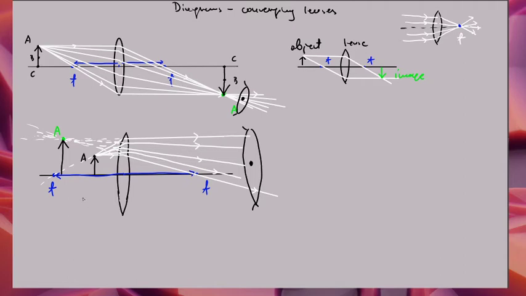All right. So if you were to draw it in a quicker fashion, you would do something like this. Here's a diverging lens. Here's the central axis going through it. The object that you are interested in viewing would be somewhere here.